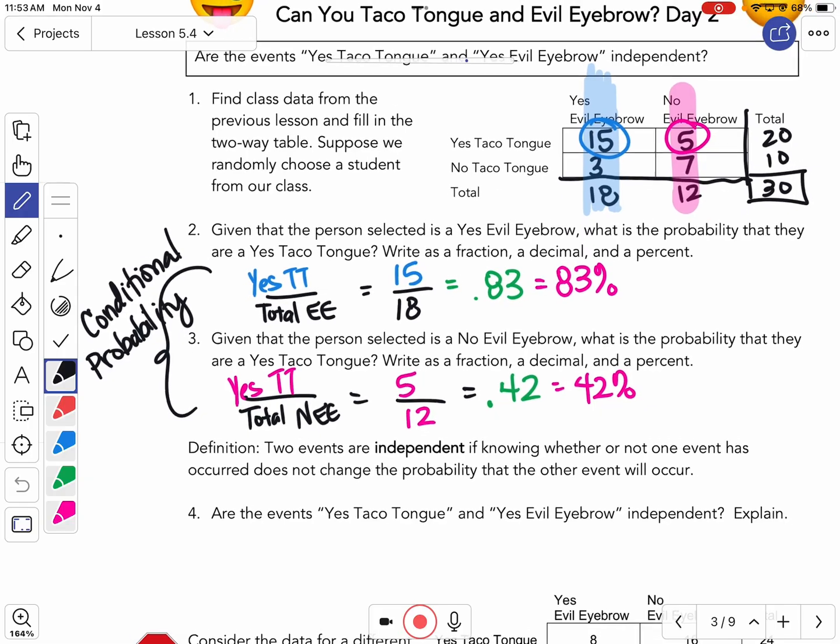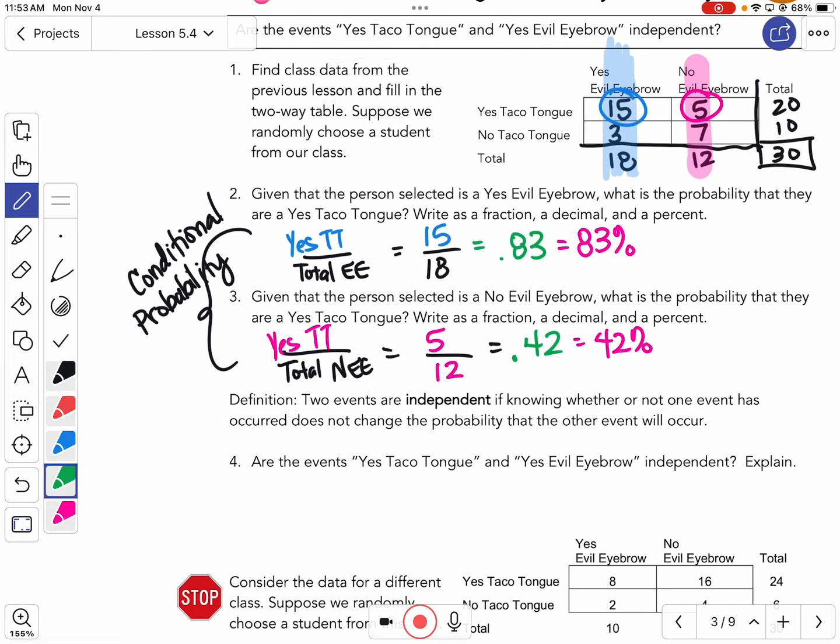So when we do conditional probability, it changes the denominator from the total. We're not going to do the final total, we're just going to do a smaller portion. It changes our denominator from that total number.